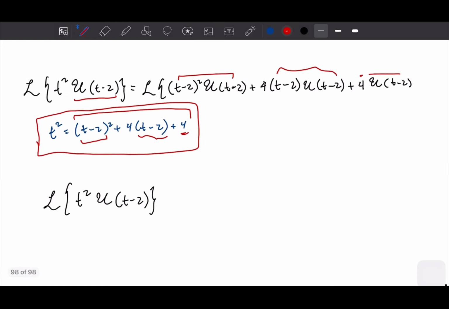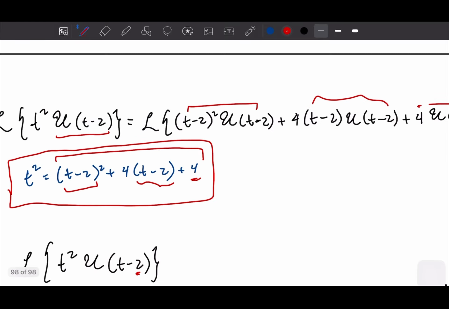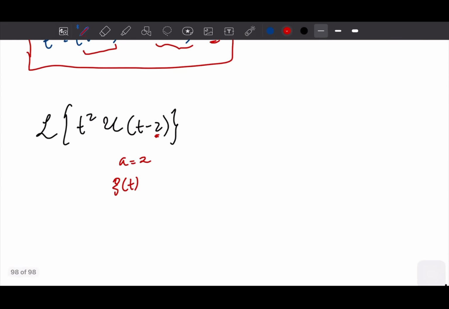So first, that is what we are going to do. So this is 2, so A is 2. And G of t is this one. Then G of t is t squared.